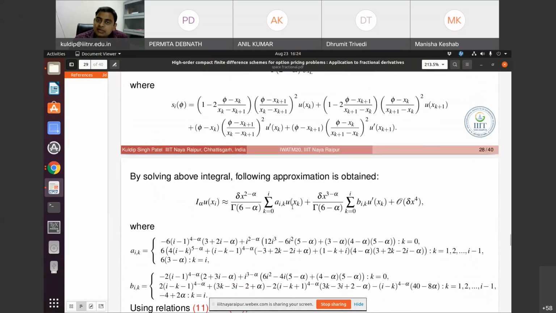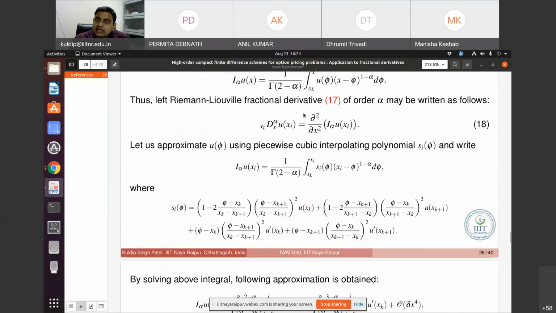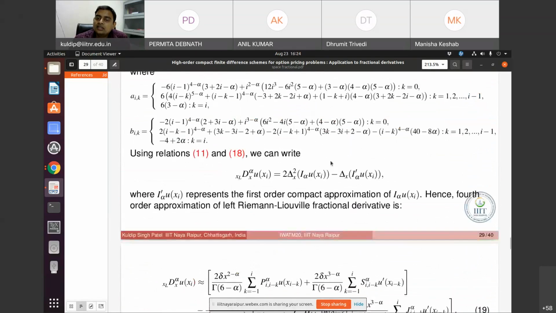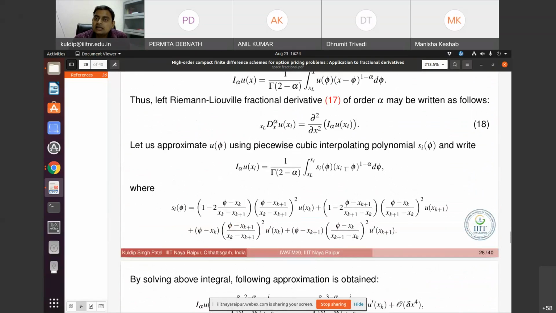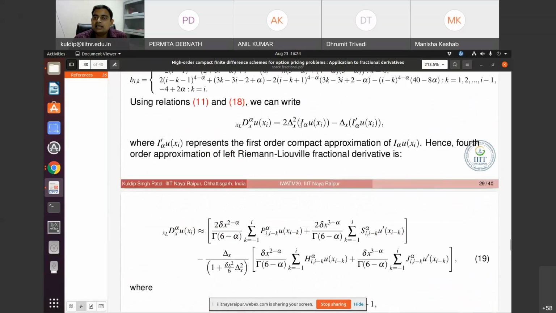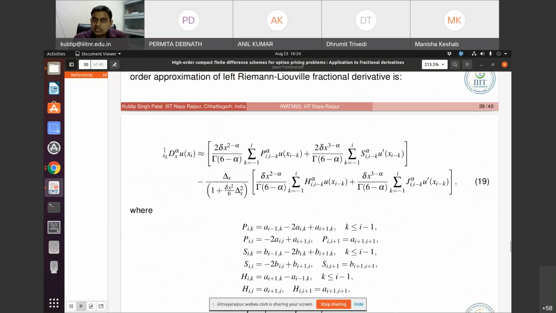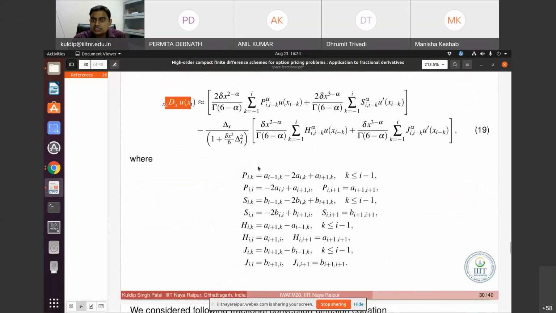See, in the splitting, if there is u only, del 2 u over del x2, then here it would have been u only. But since here it is del 2 over del x2 of I alpha u, here it is I alpha u. After this, we got this expression, and all the coefficients are written here.